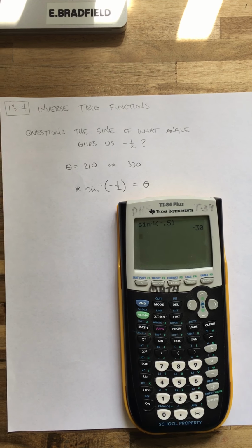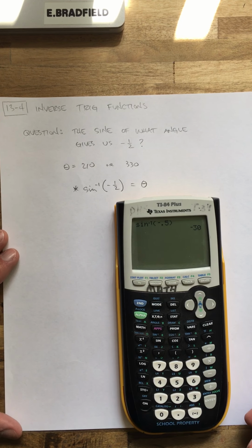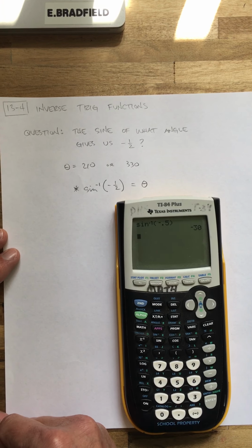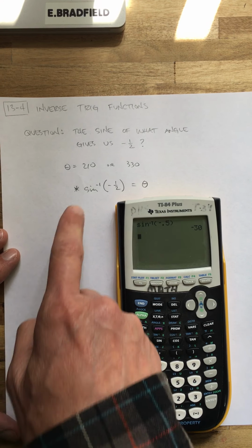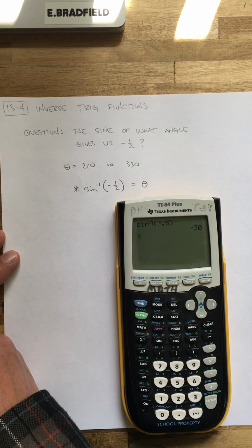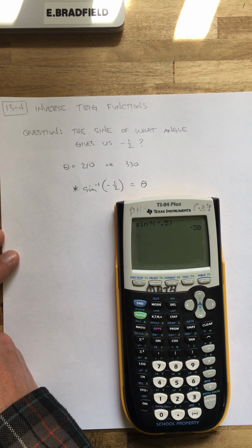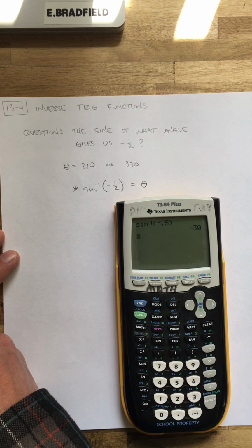Here's the thing. Give me the reference angle for 330. Give me the reference angle for 210. Notice anything there? The reference angle for each of those is 30.